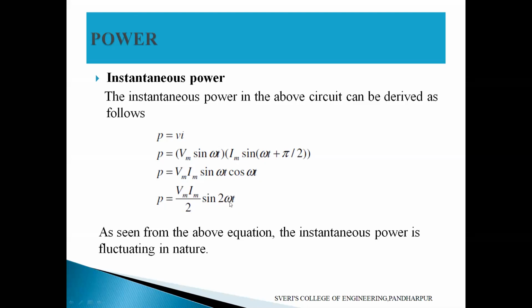The angle depends on omega t, so the value of P changes. From this equation we can say the instantaneous power is fluctuating in nature, varying, not a constant value. Up to here you take down.